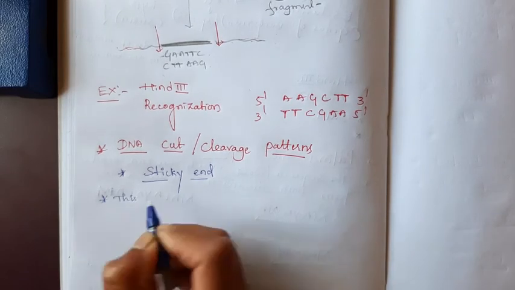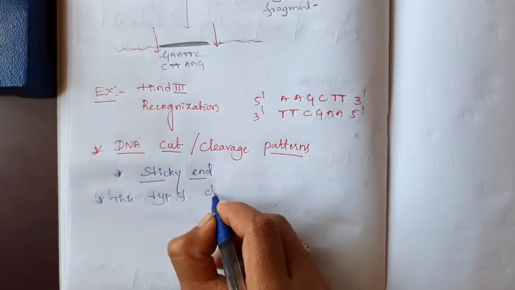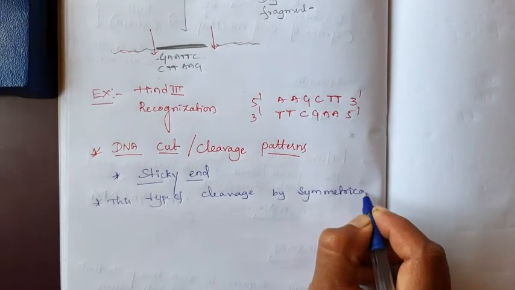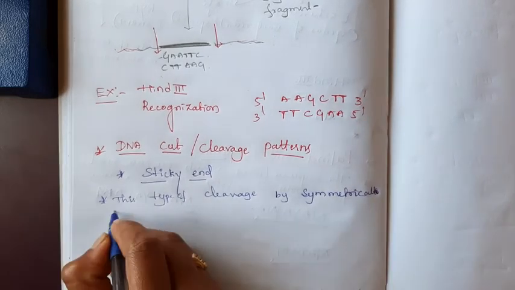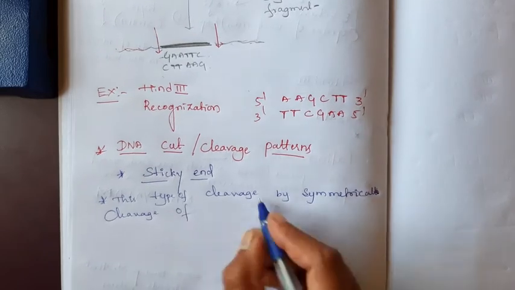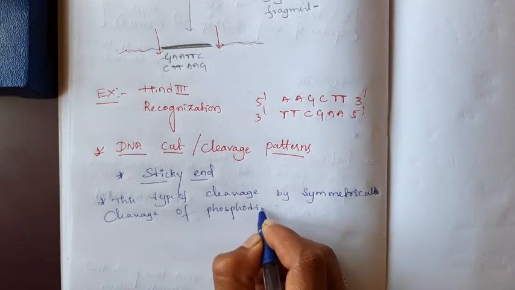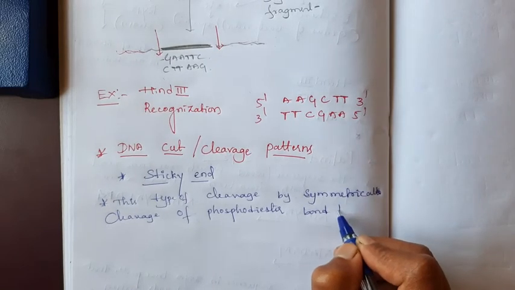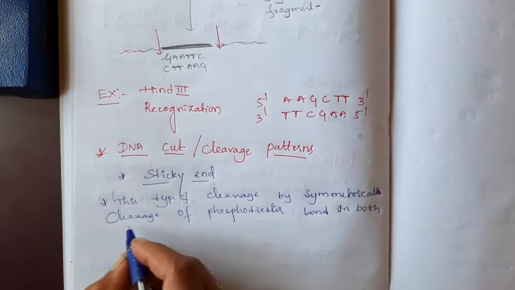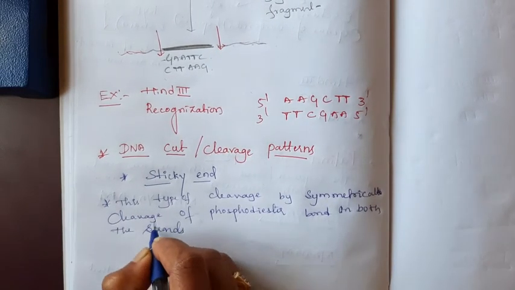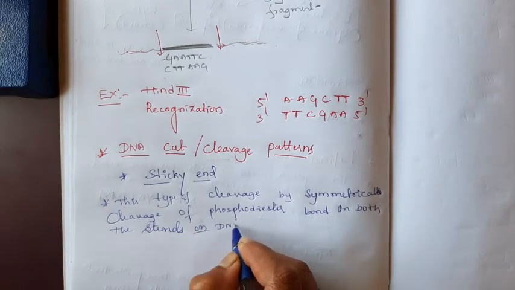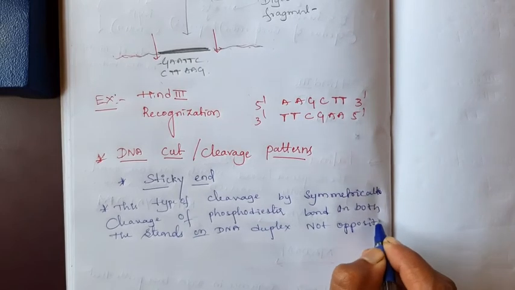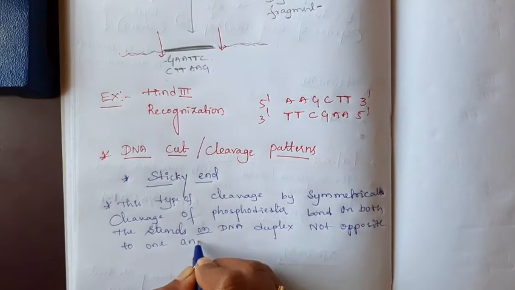This type of cleavage is by asymmetrical cleavage of phosphodiester bonds on both the strands of the DNA duplex, not opposite to one another.